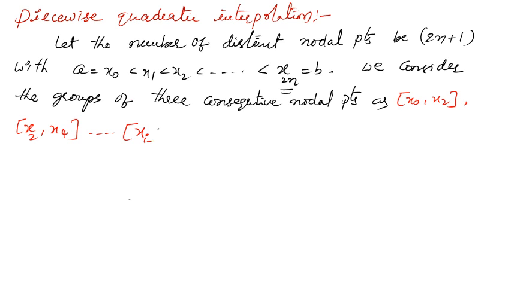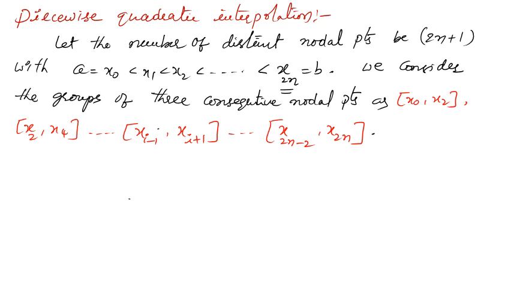So obviously this is x_{i-1} to x_{i+1}. And the last subinterval is x_{2n-2} to x_{2n}. These are the subintervals having 3 nodal points.